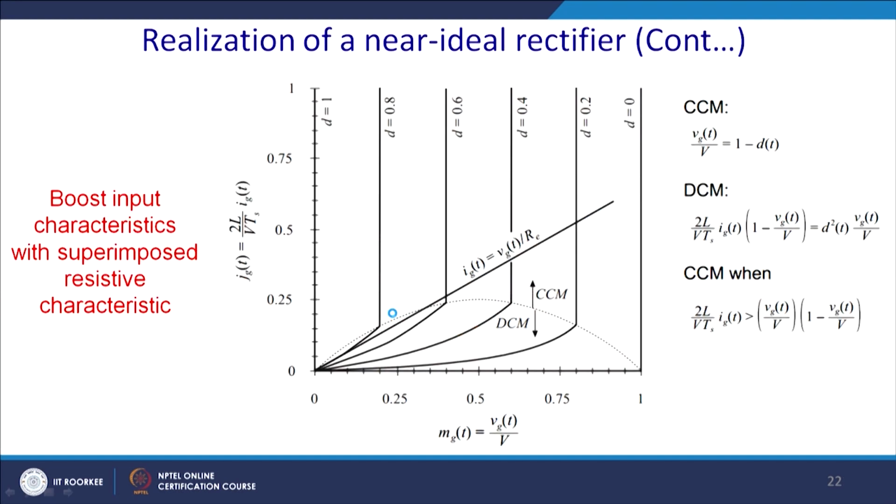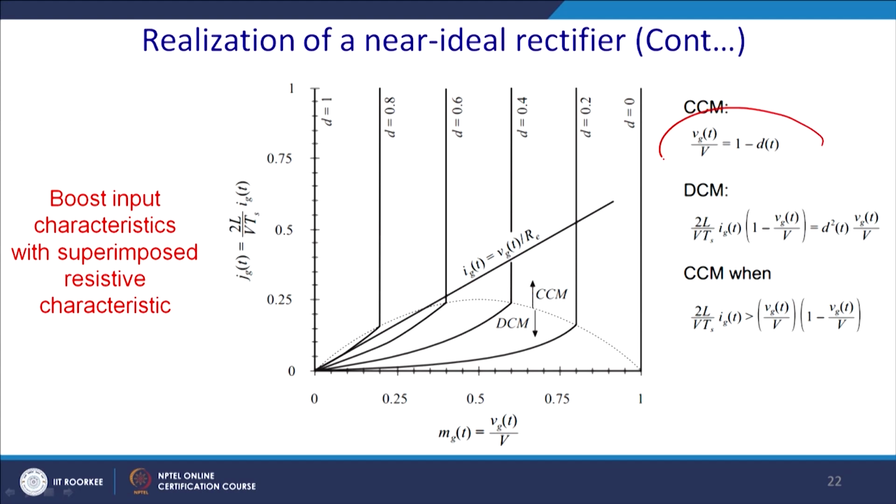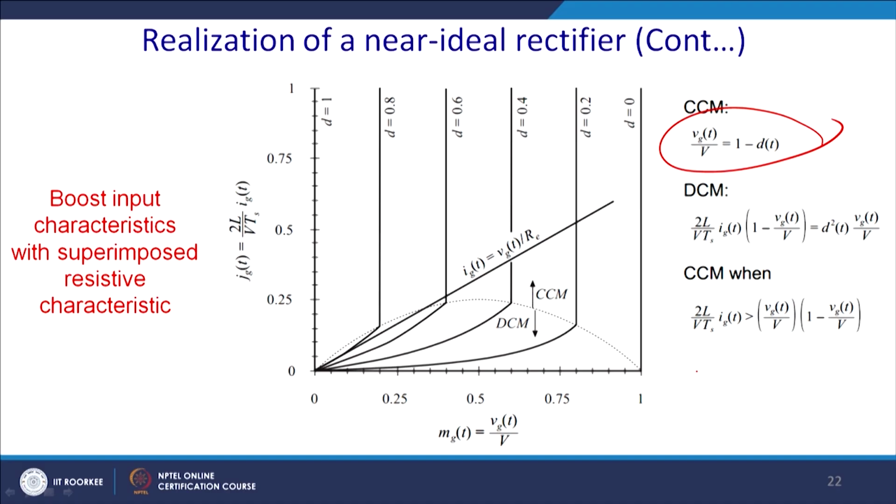So, what we can conclude from this is that if it is CCM you have very simple equations. If you have done courses on power electronics and studied DC to DC converters, you are aware that the boost converter conversion is 1 by 1 minus D.